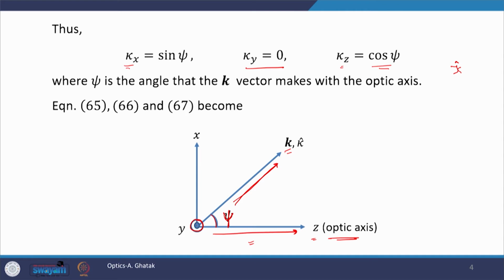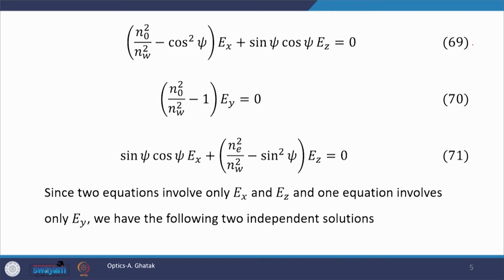Now the three component equations which we derived in our last class take this new modified form, given by equation numbers 69, 70 and 71 respectively.